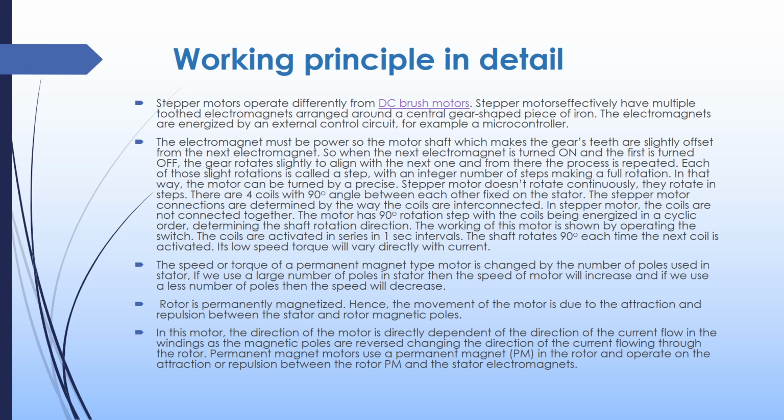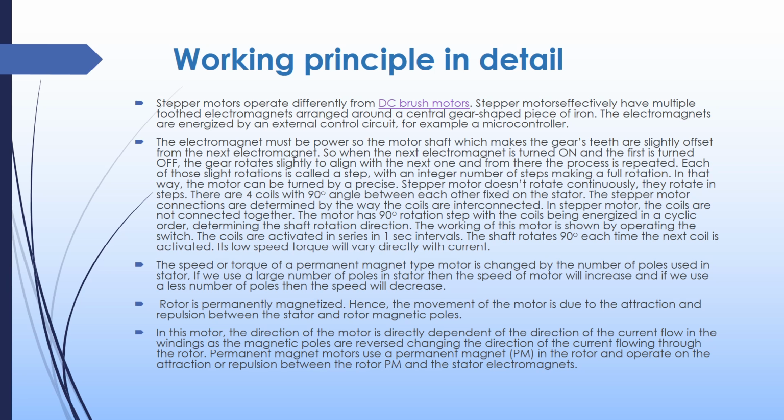The speed or torque of a permanent magnet type is changed by the number of poles used in the stator. If we want the speed to increase, we will use a larger number of poles in the stator. If we want the speed to decrease, we just need to decrease the number of poles. A rotor is permanently magnetized. Hence, the movement of the motor is due to attraction and repulsion of the stator and rotor magnetic poles.